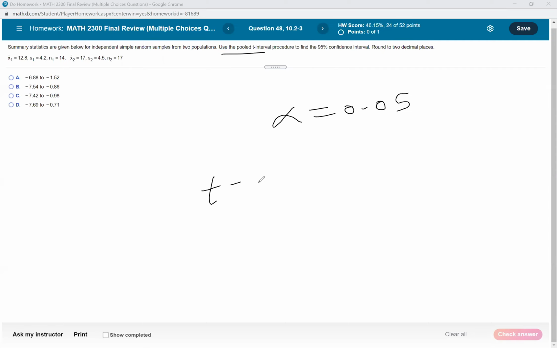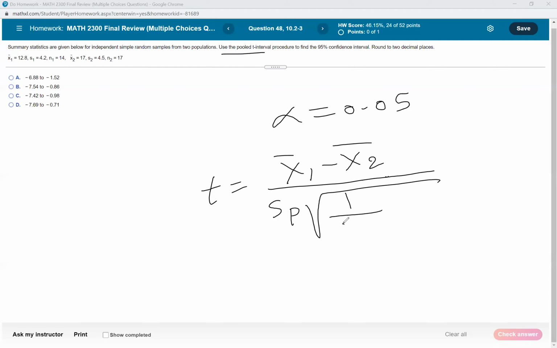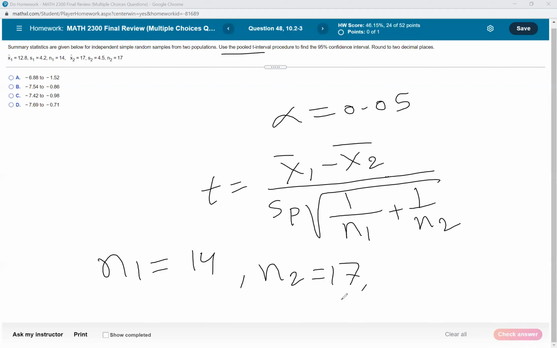The test statistic will be x1 bar minus x2 bar divided by sp times the square root of 1 over n1 plus 1 over n2, where n1 is 14 and n2 is 17. The degrees of freedom is n1 plus n2 minus 2.